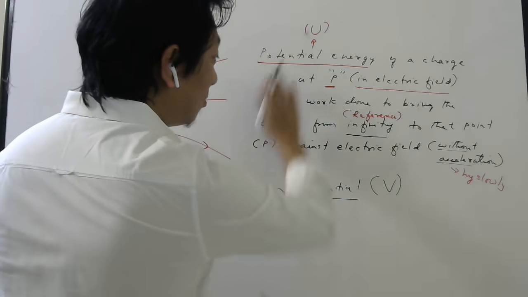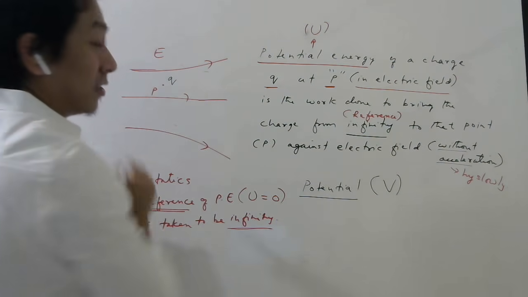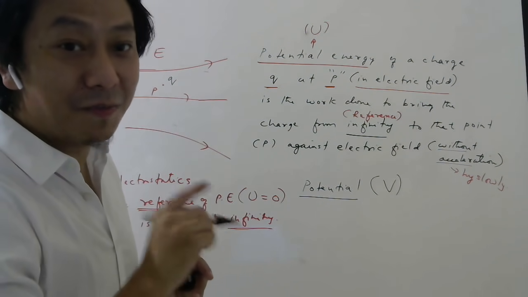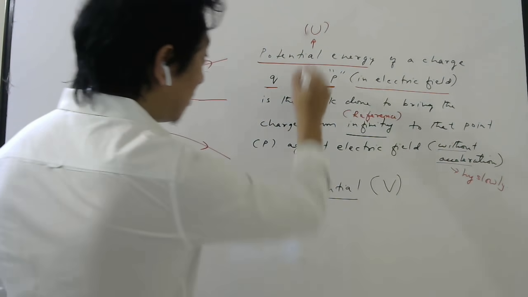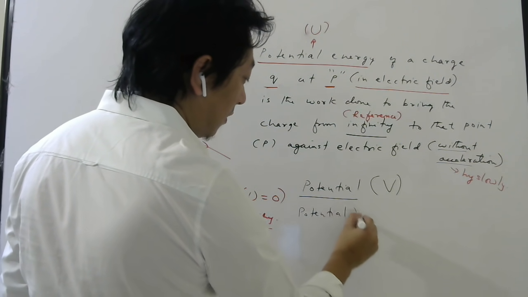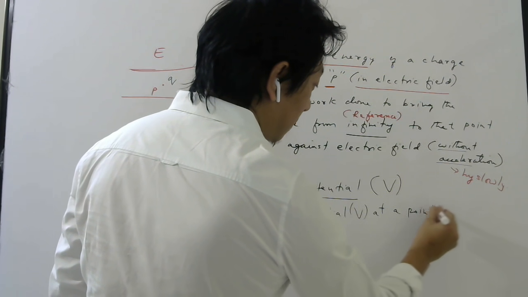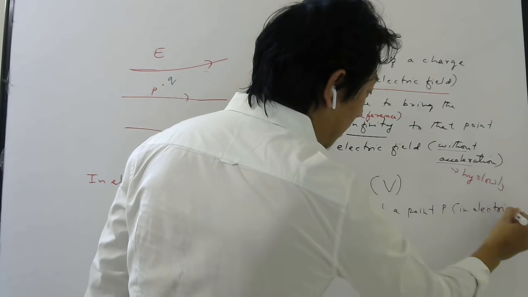This is similar to this, except that we will not bring Q charge, we will bring 1 coulomb charge. 1 coulomb charge here means unit charge. So what is potential at P if they ask? Same definition: potential V at point P in electric field. Point P should be in electric field.